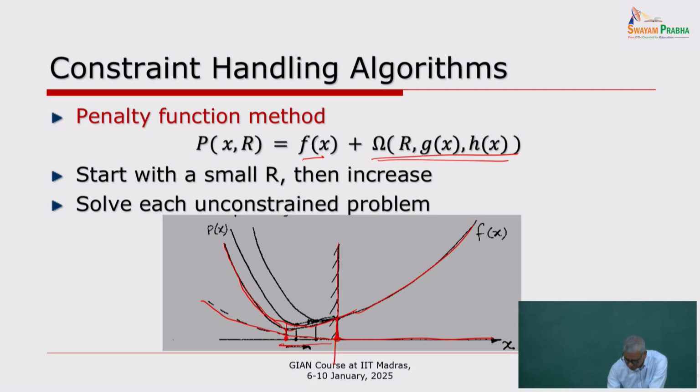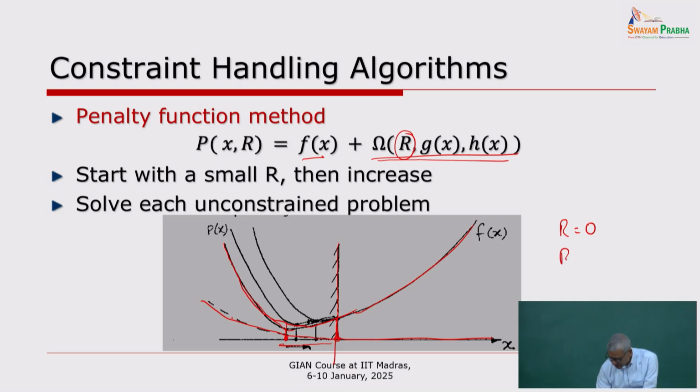Then this function is added to the original function with a constant r. So let's say we start with r equal to 0, which means this is not added. I have the original function, p is equal to f, and I minimize using unconstrained minimization, steepest descent or Nelder-Mead or whatever. So I get this point.